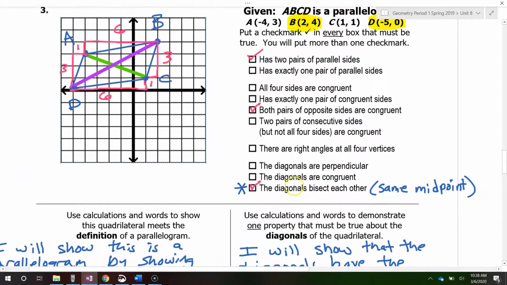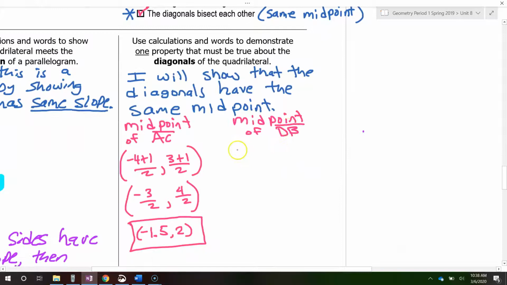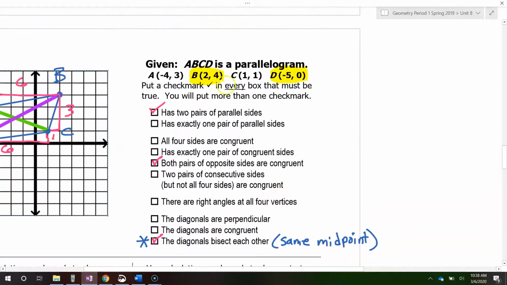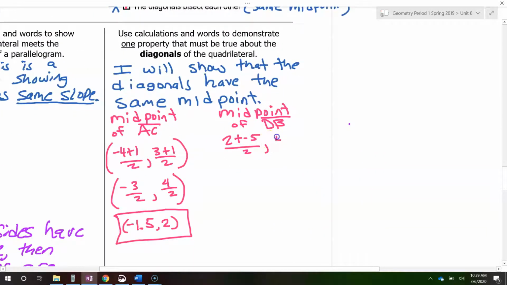All right, so again, average of the x's and average of the y's. So the x's are 2 and -5. So I'm going to go 2 plus -5 over 2. That's the average of the x's. The y's are the 4 and the 0. So that's 4 plus 0 divided by 2.